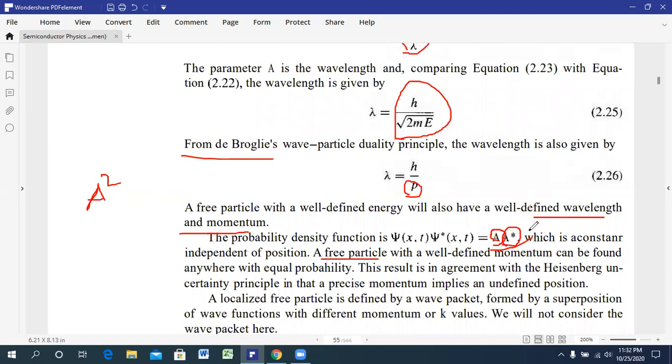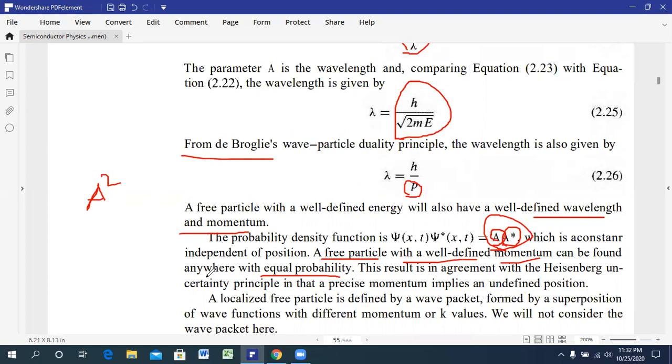That means this a multiplied with its conjugate, this one is a constant term, that one is a square. So it defines that a free particle with a well-defined momentum has equal probability in every place.